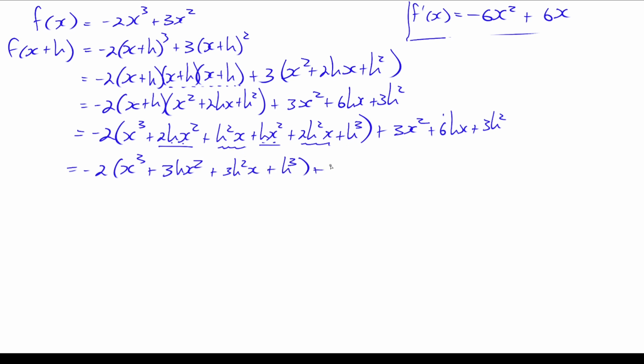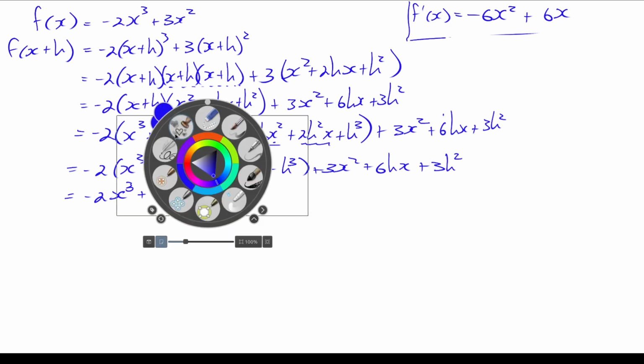Bam. Okay, long business, but we're still kicking. Nobody died. My wrist might fall off, but you know. x cubed plus 3x squared plus 3h squared x. I didn't multiply those.